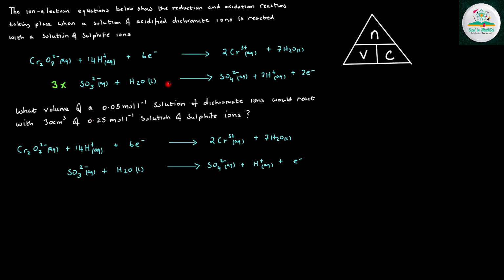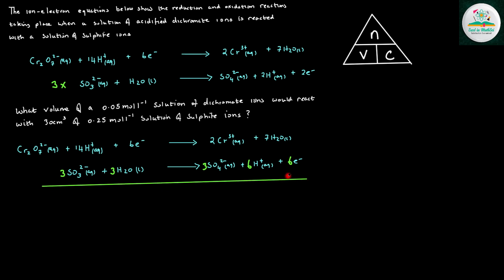Now 3 times 1 gives me 3, so I need to place a 3 there. 3 times 1, so the coefficient 1 there, that's 3 also. Same with this one, so that's 3. Now this one here, the 2H plus, 2 times 3 gives me 6, and same with the electrons, I have 6 moles of electrons.